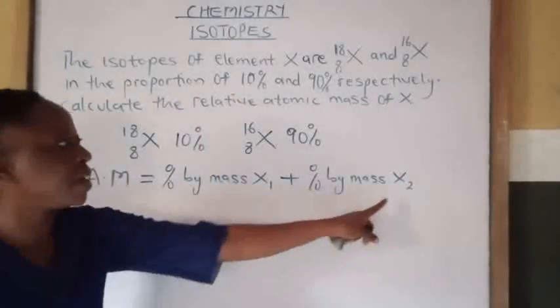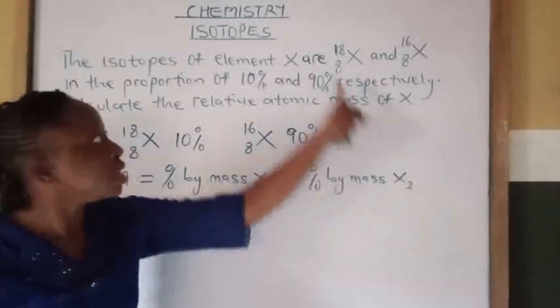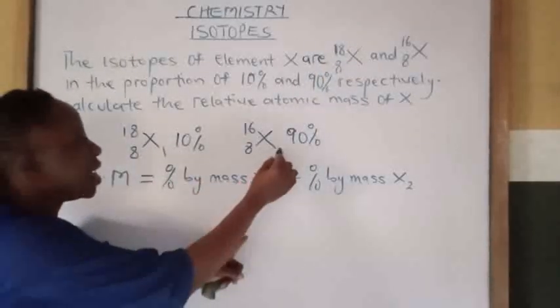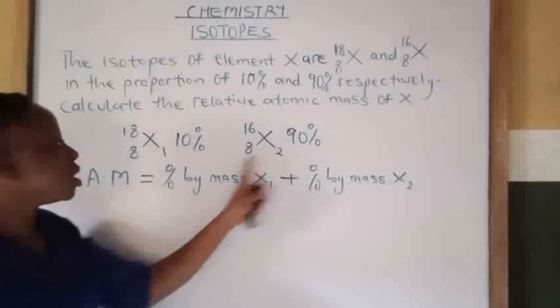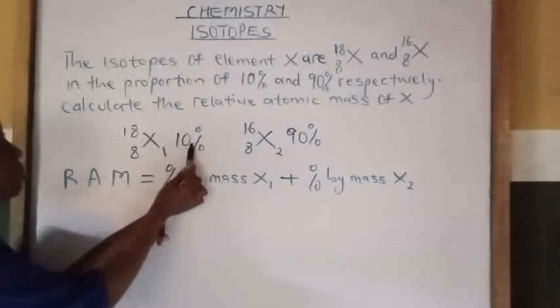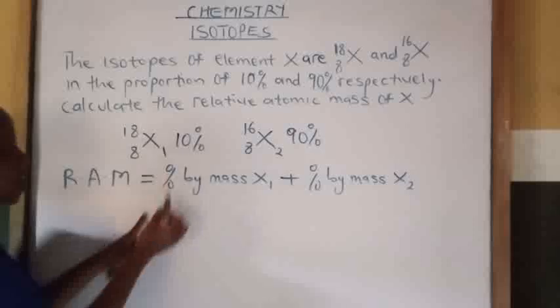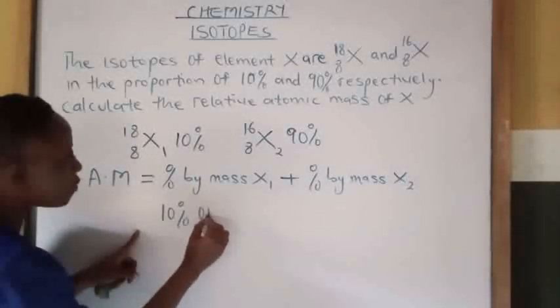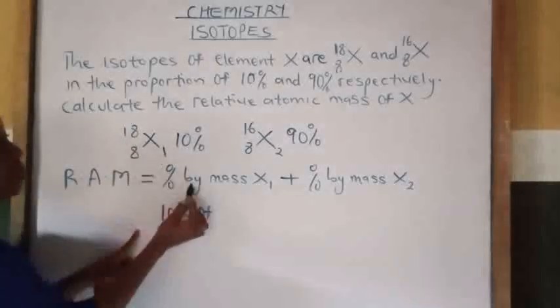So let's call the first one X1 and the second one X2. Now, what is the percentage by mass of the first element? That is 10%.